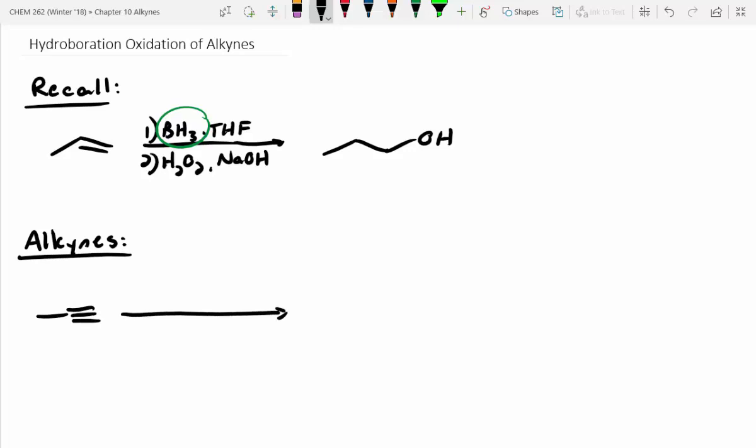Just like with the other process, we're going to use a boron-containing compound. However, this time I'm going to abbreviate it as R2BH. We actually can't use borane, the one we used before, and I'll talk more about that in a second. Then step 2 is exactly the same.